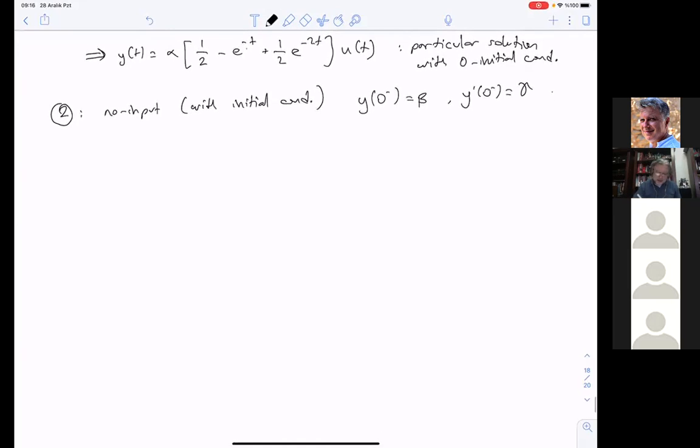So with these initial conditions, I can write the differential equation and convert it into the Laplace domain like this. There is an s squared Y of s coming from the second derivative, but there is a minus beta times s and minus gamma, which are the initial conditions, which was beta times s, and there's also a derivative initial condition coming as gamma.